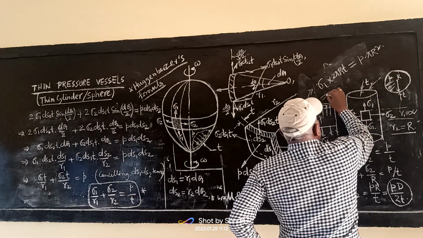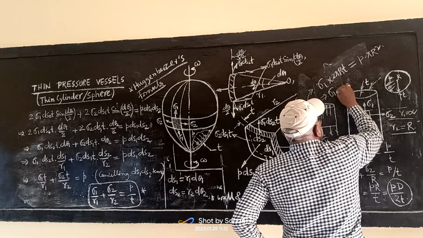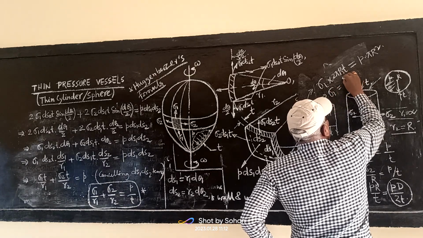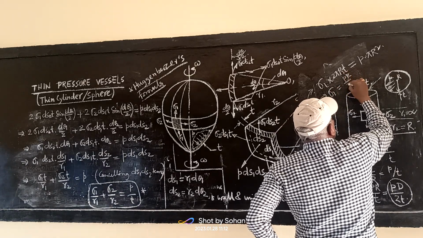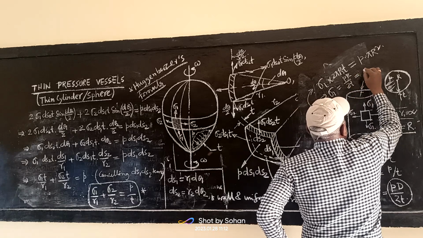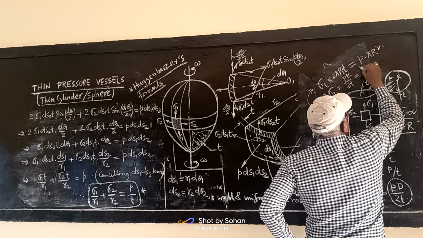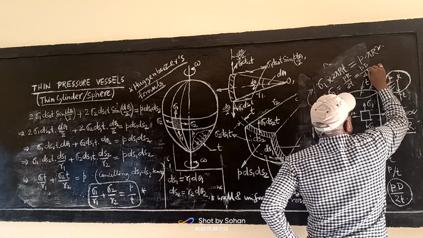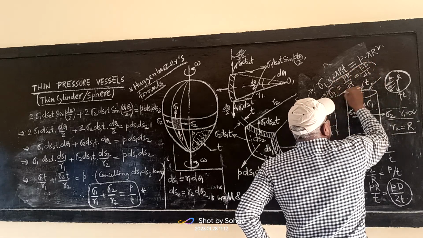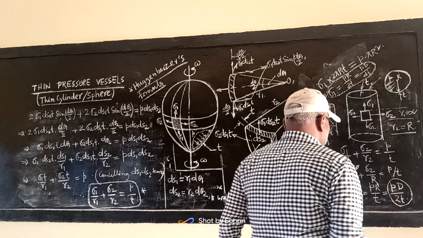From this we get sigma 1 is equal to PR by 2T, which in diameter terms is PD by 4T. These are the usual formulas for the cylinder.